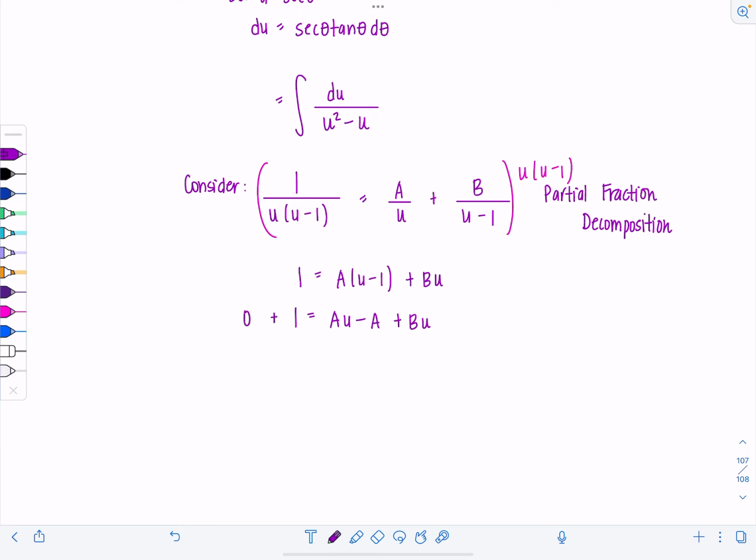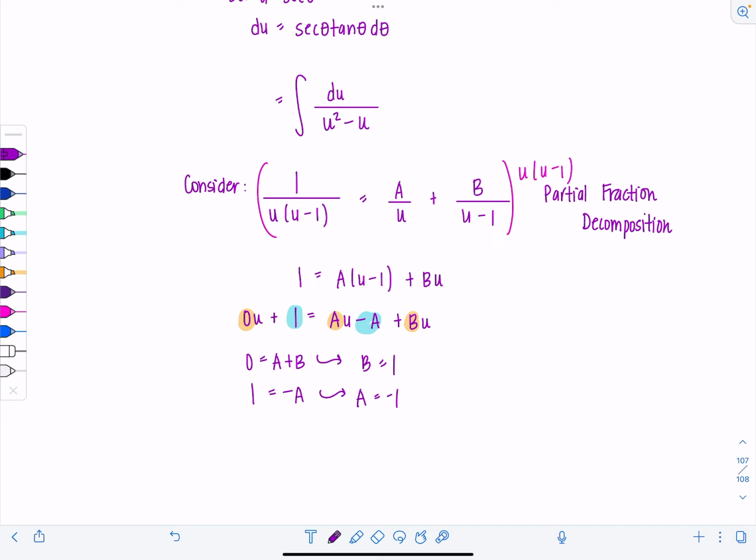And there's 0 u's on the left-hand side, right? So that means 0 has to equal A plus B. And then if I'm looking at my constants, 1 has to equal negative A. So that tells me A is negative 1. And then if A plus B is 0, then B has to be positive 1.